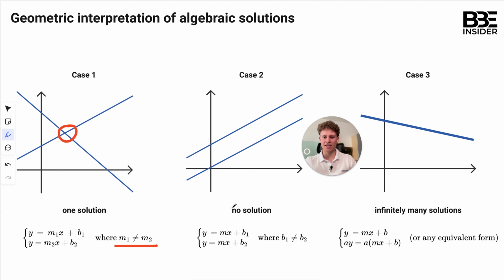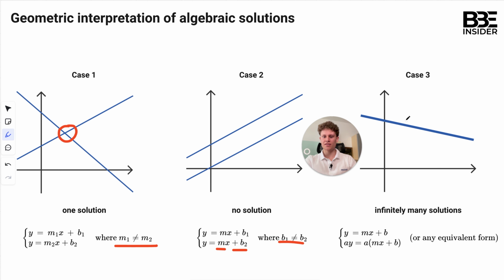In the second case, your linear equations have the same slope, represented by m. This leads to the case that the lines are parallel, and if their y-axis intercept is different, they have no solution because they intersect at no point across the whole number line.